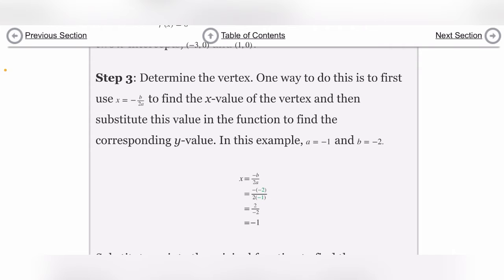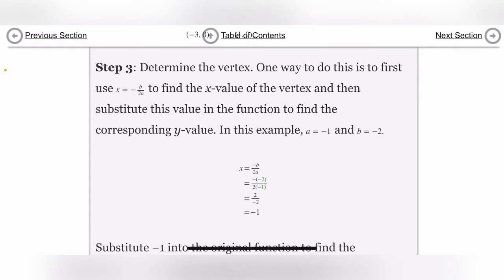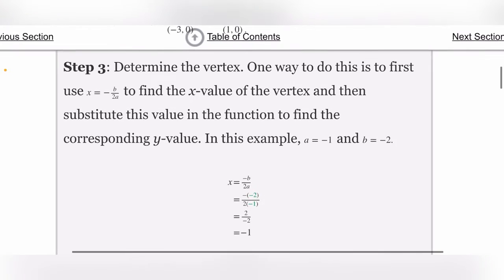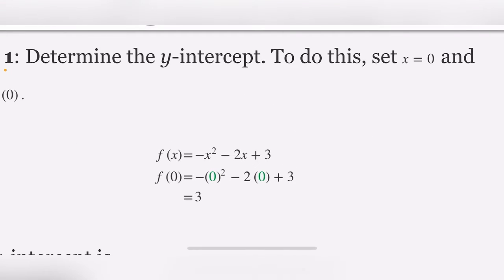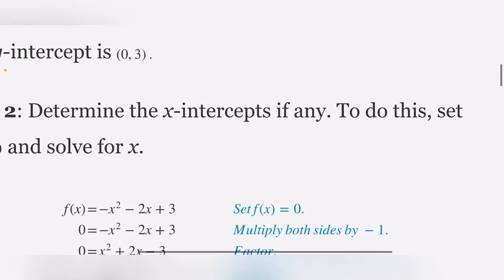Step number 3. Determine the vertex. One way to do this is to first use x equals negative b over 2a to find the x value of the vertex, and then substitute this value in the function to find the corresponding y value. We have negative x squared minus 2x plus 3.